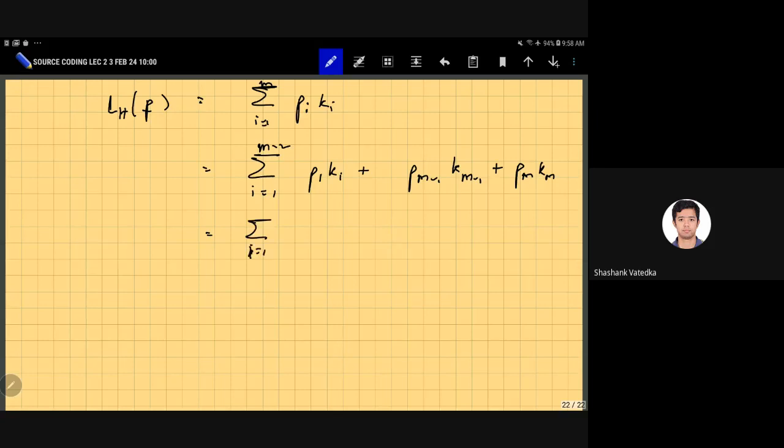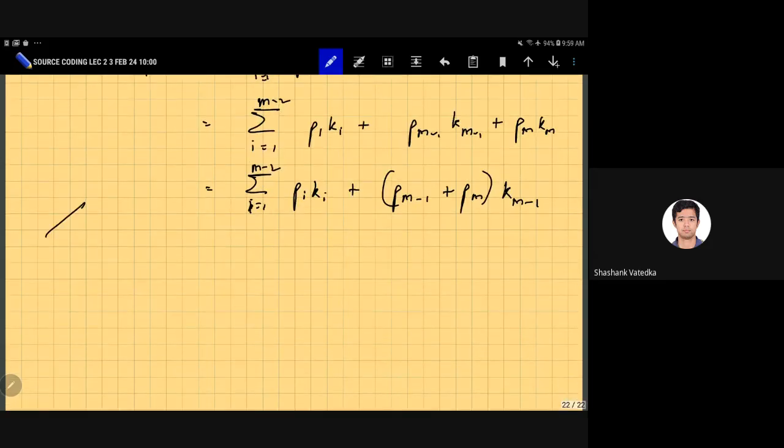So it is the sum from 1 to m minus 2 of Pi Ki plus P m minus 1 plus P m times K m minus 1. Now can you tell me what is the relationship between K m minus 1 and K m minus 2?